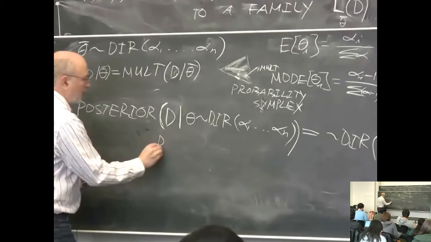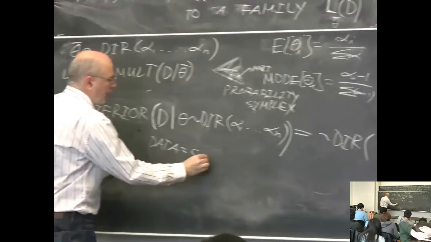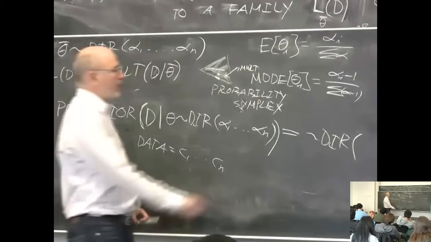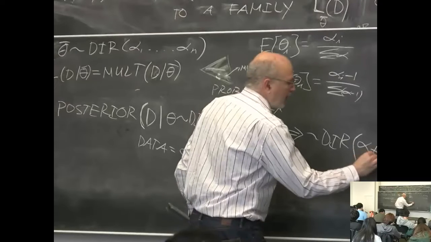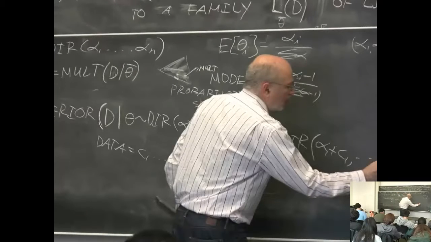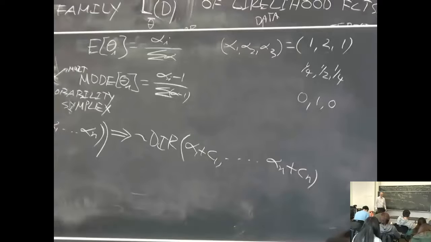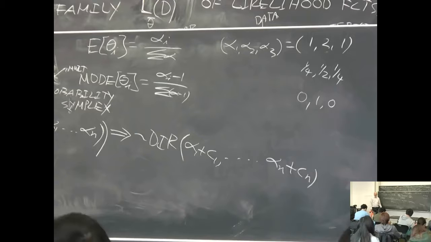If the data has values C1 through Cn, these are the counts, then the resulting Dirichlet has parameters alpha 1 plus C1 all the way through alpha n plus Cn. So it's a beautifully simple recipe for updating the prior into a posterior. Basically take the counts of your data and add them into the alphas.